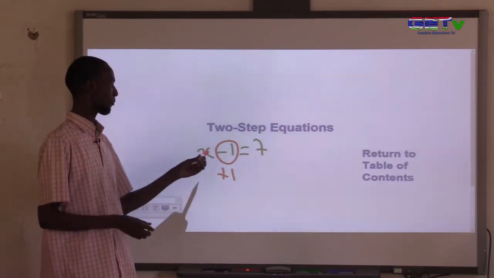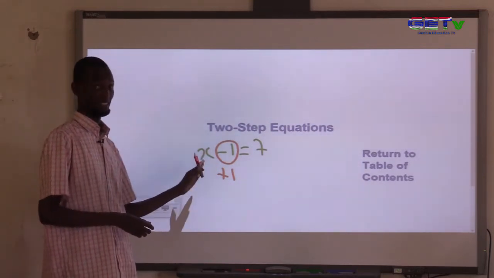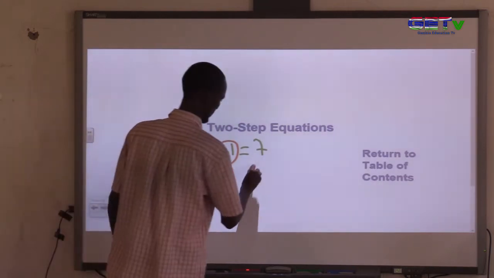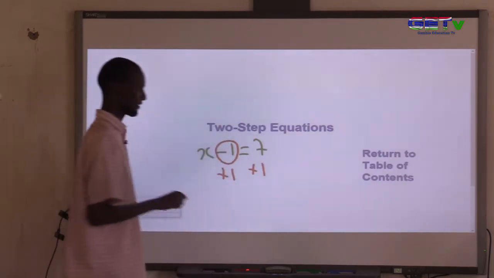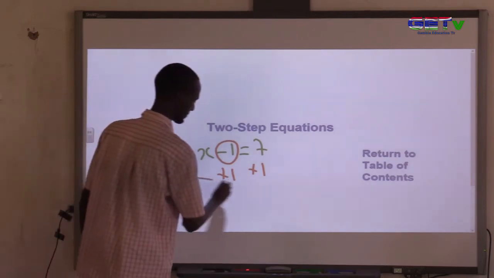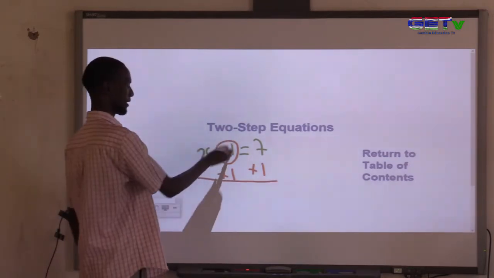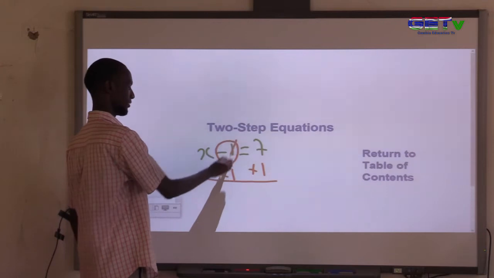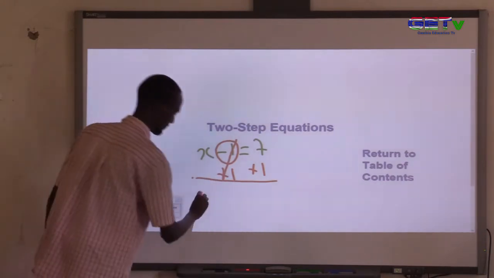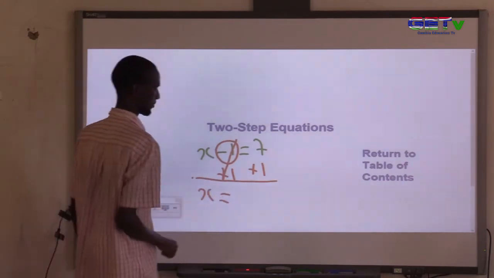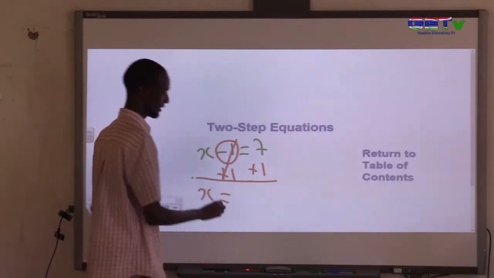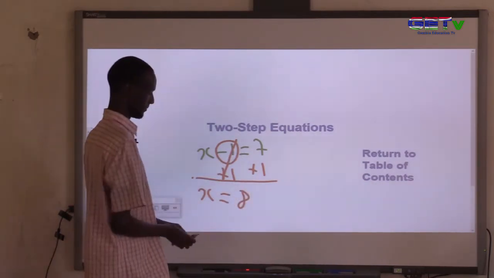So if you add 1 to the left-hand side, you must also add 1 to the right-hand side. The minus 1 plus 1 will cancel each other out, and you're left with x equals 7 plus 1, which gives you 8.